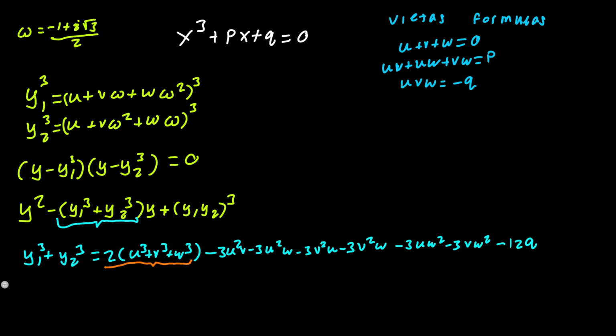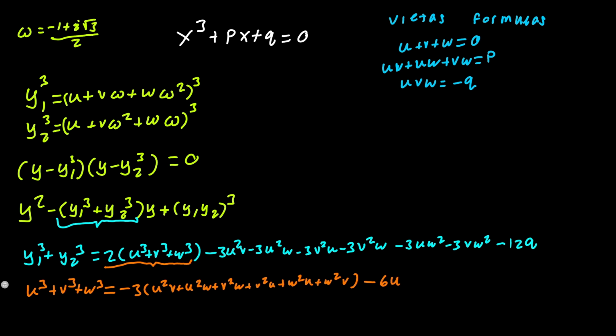And again, we would simply have to raise u plus v plus w equals 0 all to a third, which would give us this expression: u cubed plus v cubed plus w cubed is equal to negative 3 times u squared v plus u squared w plus v squared w plus v squared u plus w squared u plus w squared v, minus 6uvw.